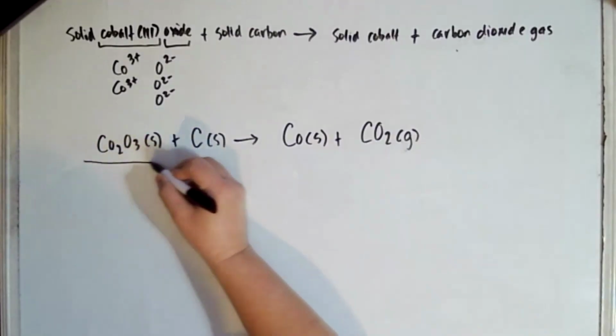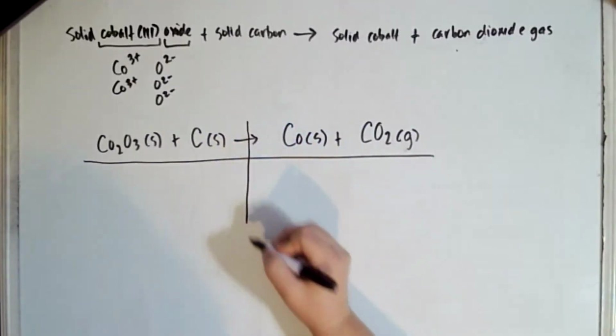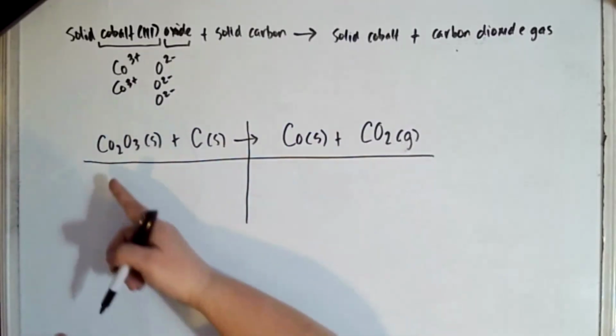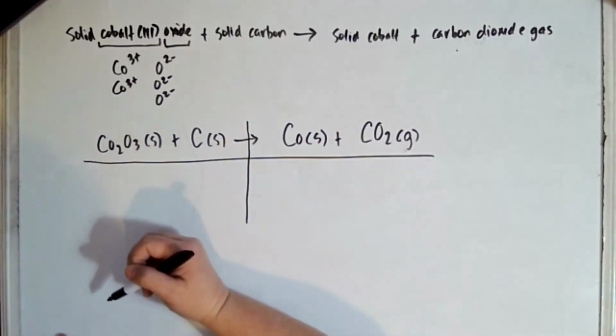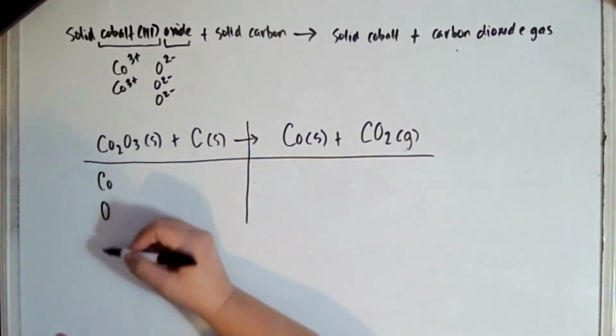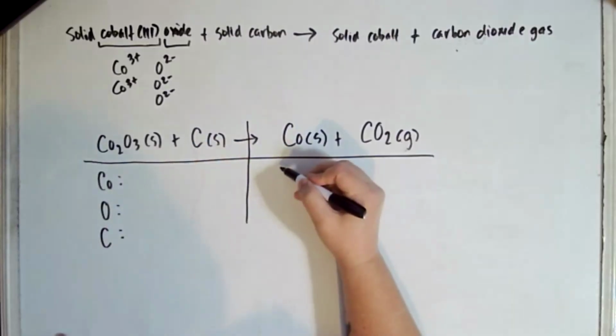And then what we're going to do is draw a line. And I like to split the reaction in half, and I use my arrow as the dividing line. And I'm going to list the elements that are present on both sides of the reaction. So we've got cobalt, we've got oxygen, and we've got carbon present on both sides of the reaction.